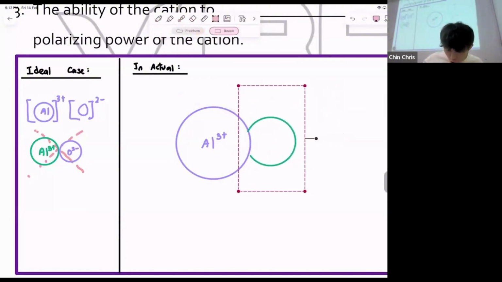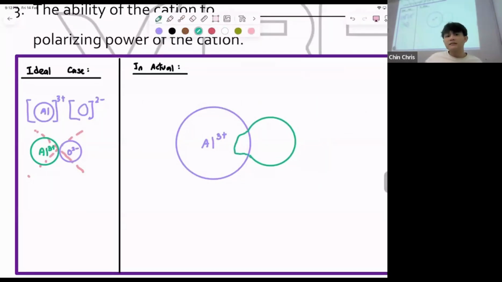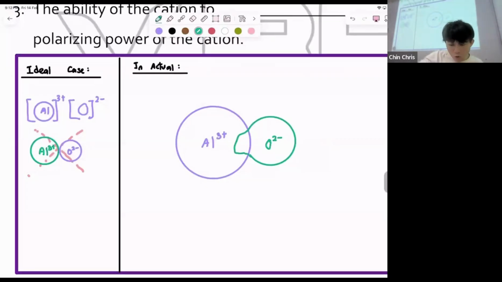So basically, they get dragged inside, and it looks something like that. When this occurs, we call it ion polarization.